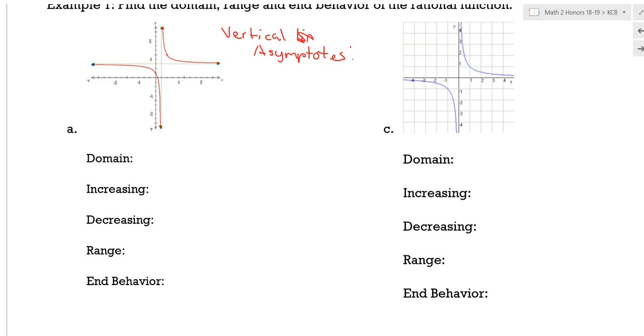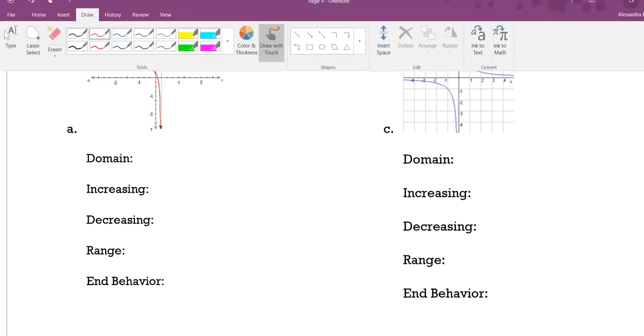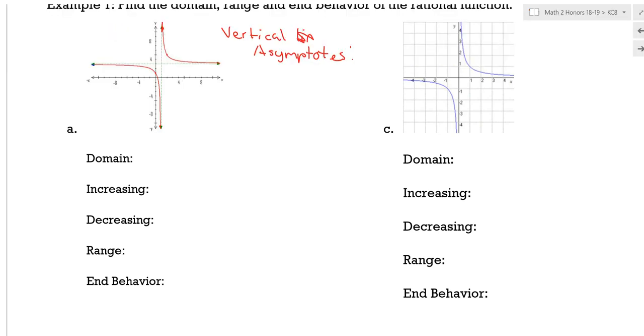So looking at A, here's my imaginary line. It passes through the x-axis at 1. Okay. So my vertical asymptote is at x equals 1. Okay.